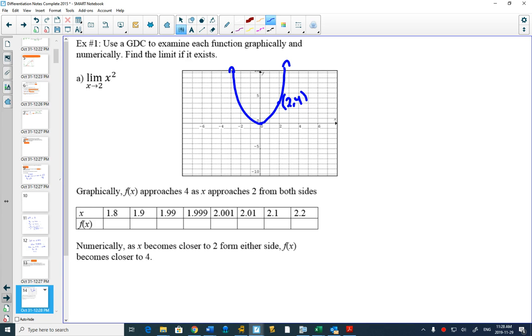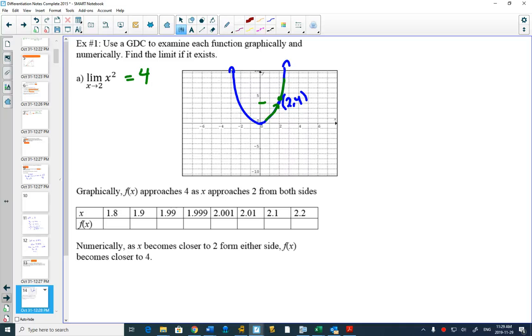So the question that's really happening when they say the limit as x goes to 2, they say as I get closer and closer to 2 from this direction, and as I get closer and closer to 2 from that direction, what does my y value get really close to? 4. Some limits are super easy, because really all you had to do was plug in 2. If you plug in 2, you get 4.